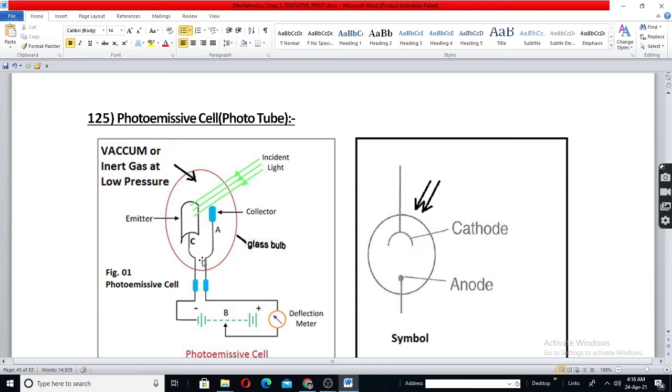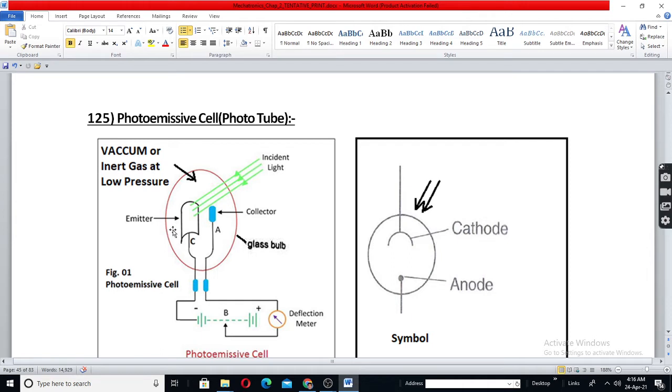Now, if there is a plate which is called as anode or collector placed close to it, the emitted electrons can be absorbed. But for that, you have to properly bias, means make anode positive and cathode negative.